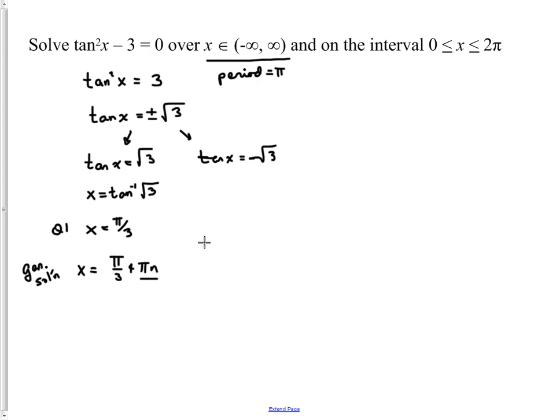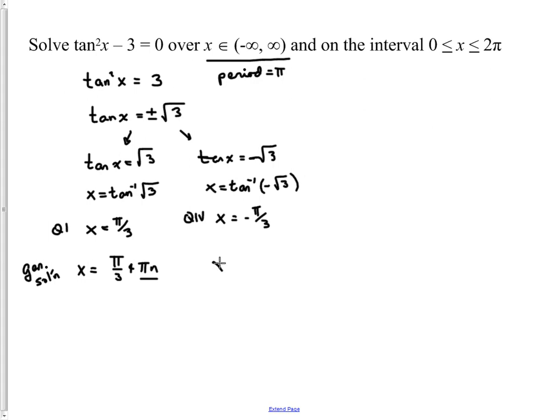If we looked here for our negative root 3, we could say, well, x is equal to the inverse tangent of the negative of the square root of 3. And that happens to fall in quadrant 4. When we take that inverse tangent, we find negative pi over 3 is the natural solution from our inverse tangent function.